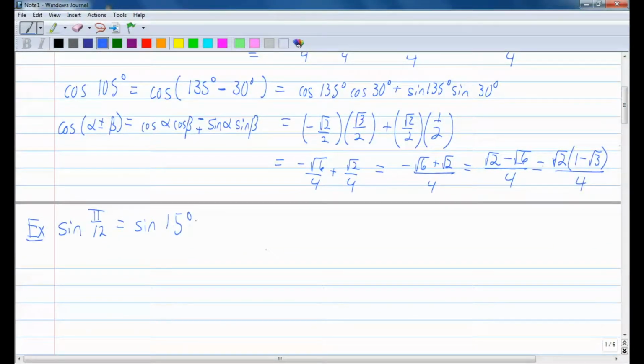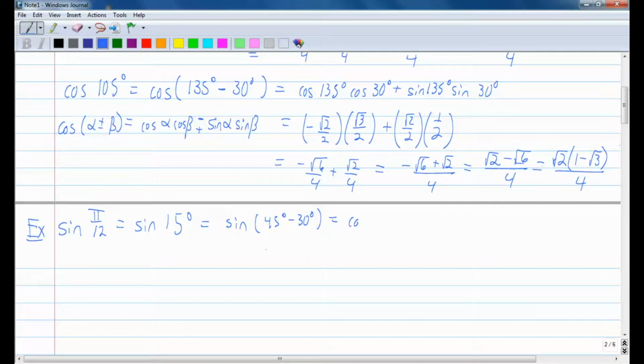Alright, and so there's a lot of ways I could get 15 degrees, but I'm going to say the sine of 45 degrees minus 30 degrees. It should work either way, whatever you pick. All the positive and negative signs will work themselves out, but 45 minus 30 will give me 15. So now I'm using the difference for sine. So look at your formula, and when you subtract here, you also subtract in the formula.